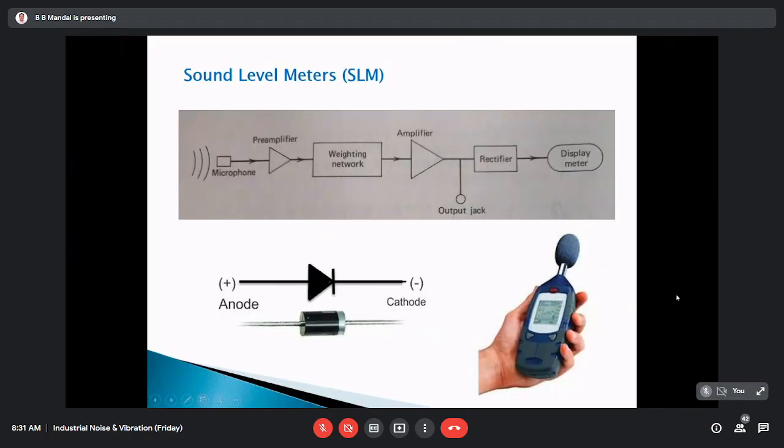We have a time varying signal which has so many components, not just one. There will be many time varying signals. So this will be passed through the rectifier, and it will give an equivalent rectified value here.